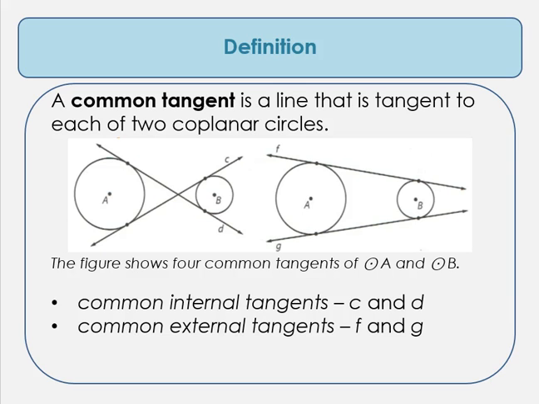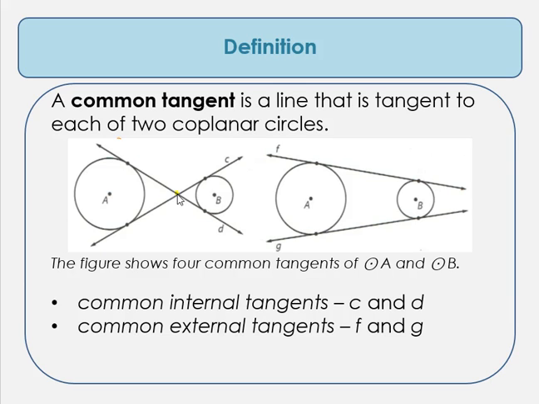Now in this situation, you see that the 2 tangent lines, C and D, intersect on the inside of these 2 circles. So they're called common internal tangents for inside.